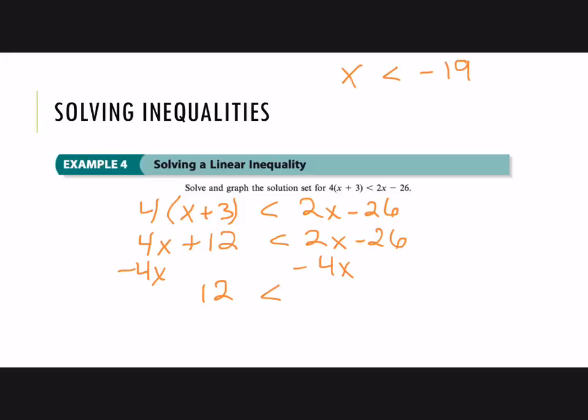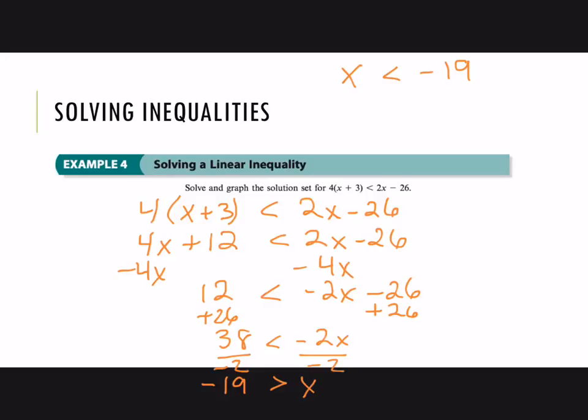So now you have 12 is less than negative 2x minus 26, and then let's say you add 26 to both sides, so then you would get 38 is less than negative 2x, and now when you divide by a negative, now the inequality sign reverses, so it would become a greater than symbol, and you would have negative 19 is greater than positive x. Okay? And notice those two are just saying the same thing.